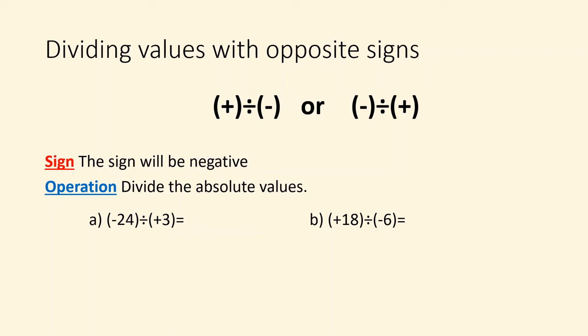So for example, in A, negative 24 divided by positive 3, the signs are opposite, so I know my answer is negative. 24 divided by 3 is 8, so my answer is negative 8. And for B, I'm doing a positive divided by a negative, so I know my answer is negative. So I can just look at the absolute values, 18 and 6, and 18 divided by 6 is 3, so my answer will be negative 3.